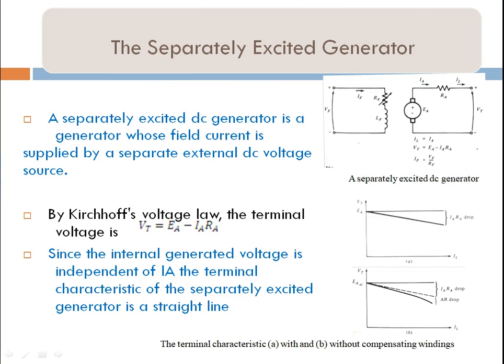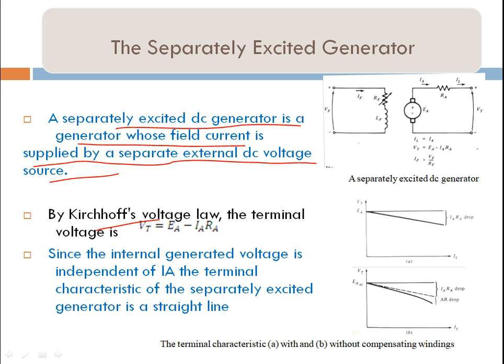Separately excited generator. We are talking about four types of generator: separately excited, series, shunt, and compound, cumulative and differential. The separately excited DC generator is a generator whose field current is supplied by a separate external DC voltage source.